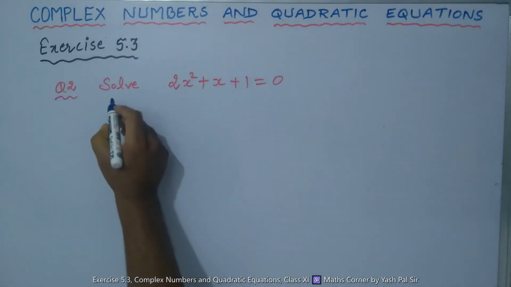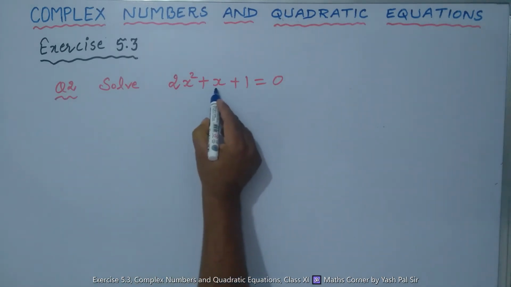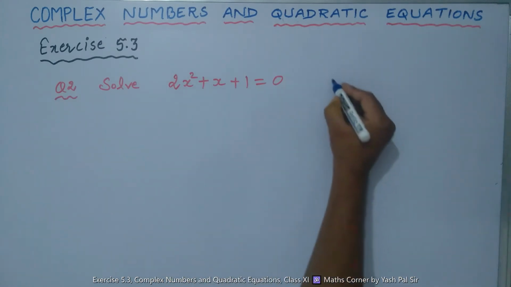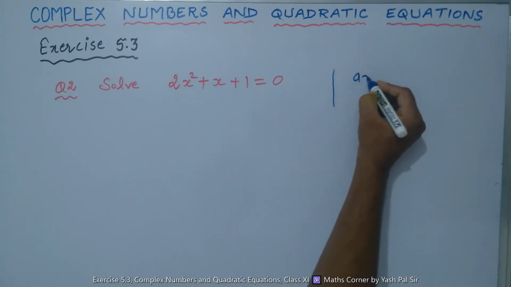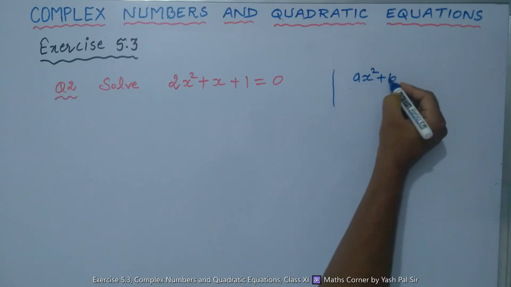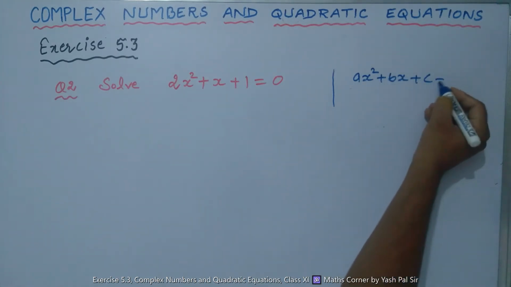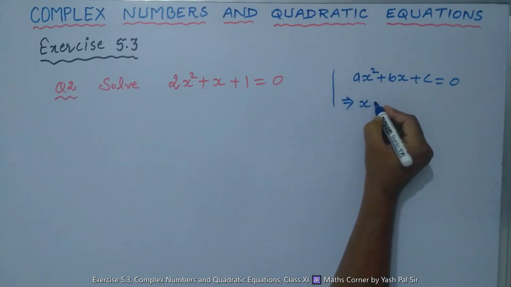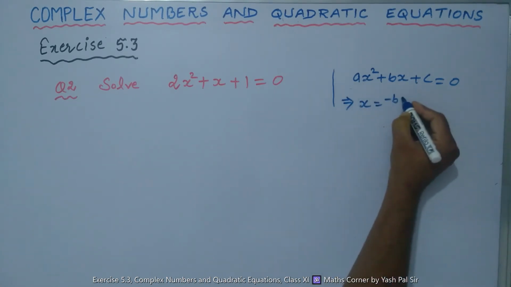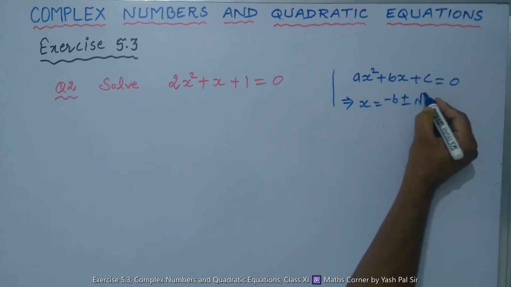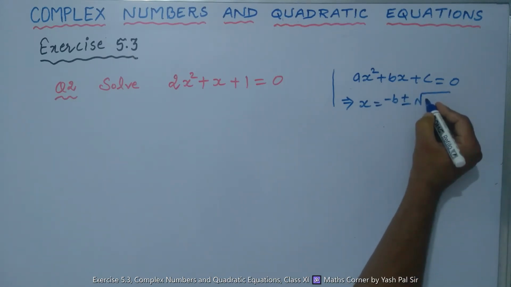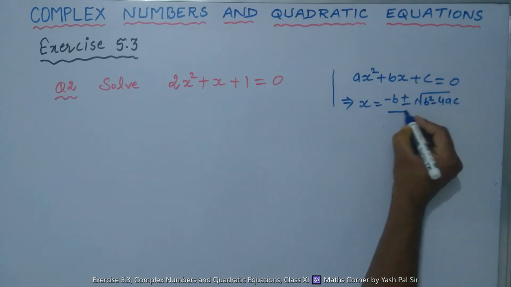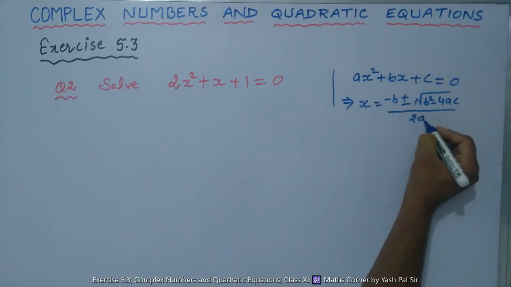Now coming to question number 2: solve 2x square plus x plus 1 is equal to 0. Here, comparing this equation with ax square plus bx plus c is equal to 0, the value of x is equal to minus b plus minus square root of b square minus 4ac divided by 2a.